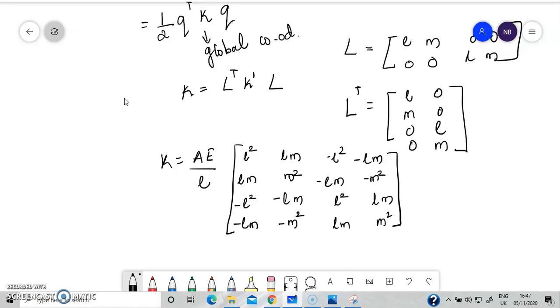This is the stiffness matrix for a truss element in global coordinates.